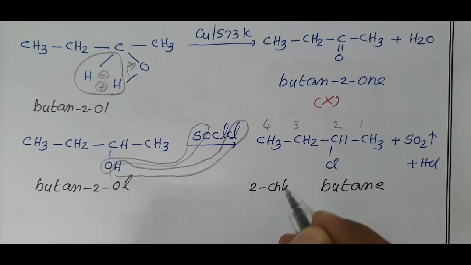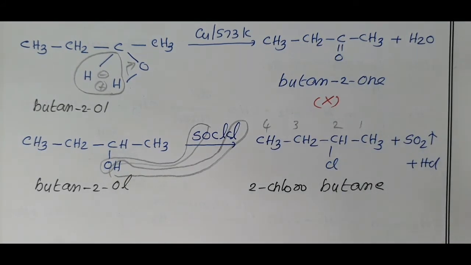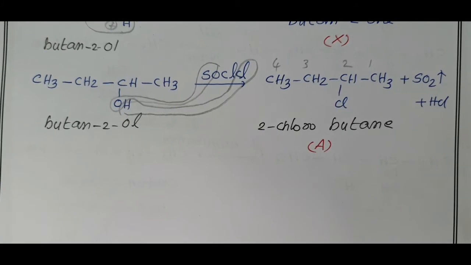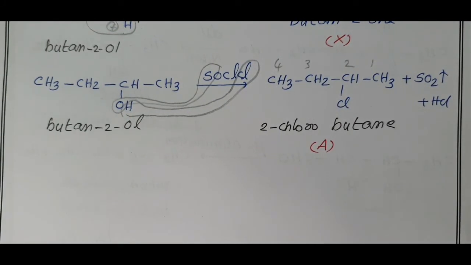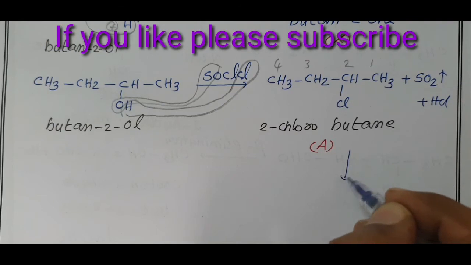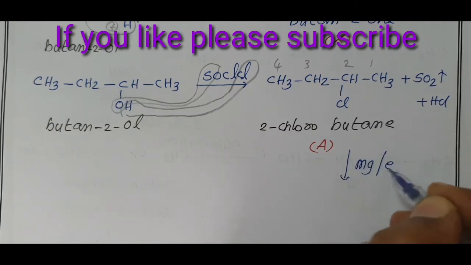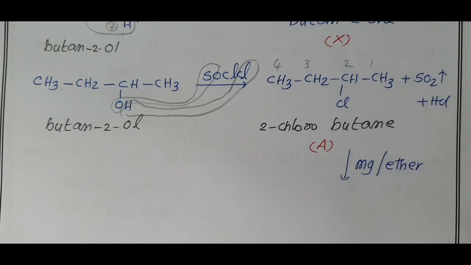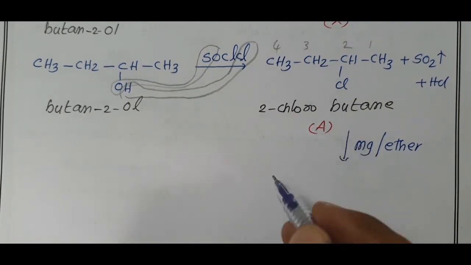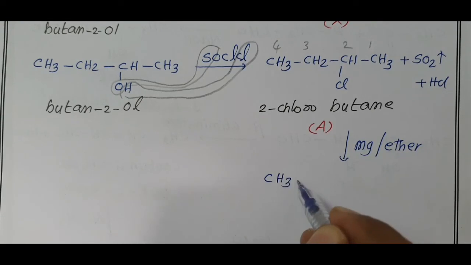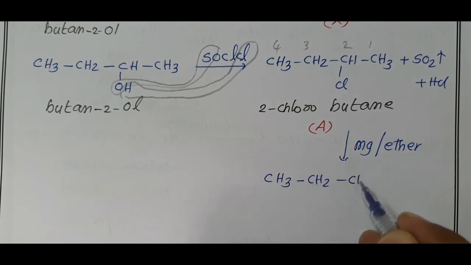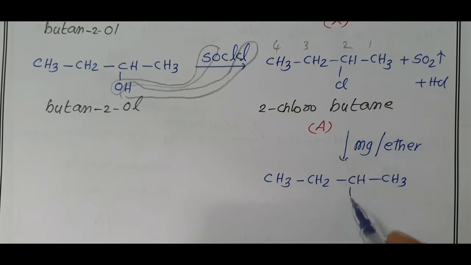So this is 2-chlorobutane. 2-chlorobutane is compound A. From compound A, now we are going to prepare compound B. When compound A is treated with magnesium in ether, a Grignard reagent is formed. Magnesium is added between carbon and chlorine, giving secondary butyl magnesium chloride, CH3, CH2, CH, MgCl, CH3.